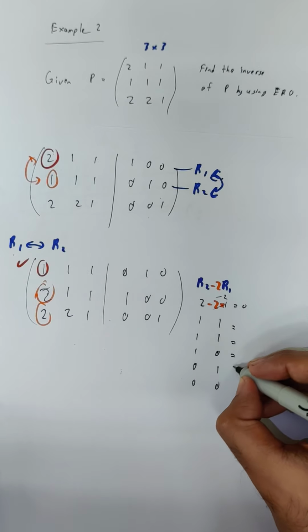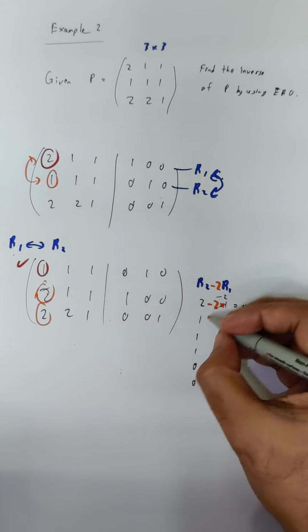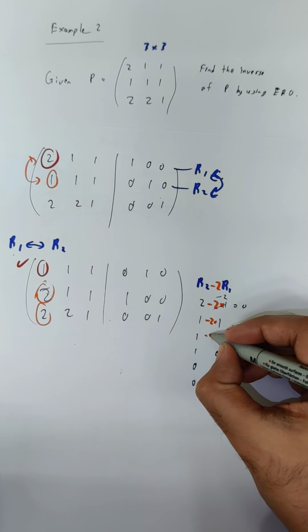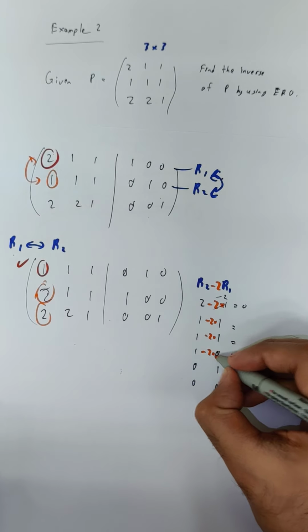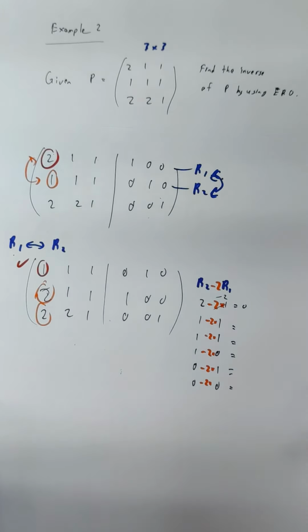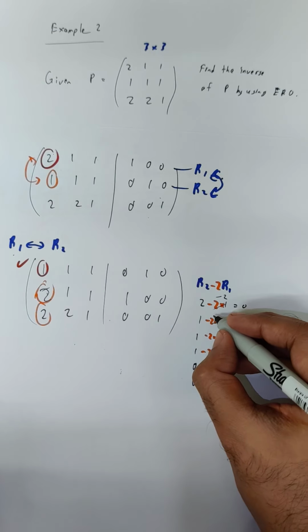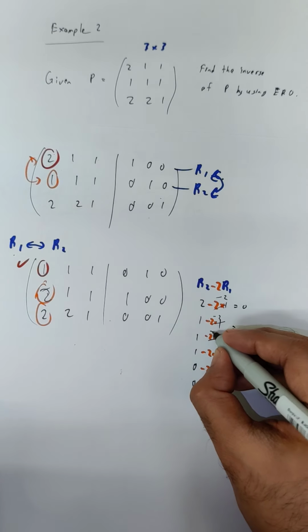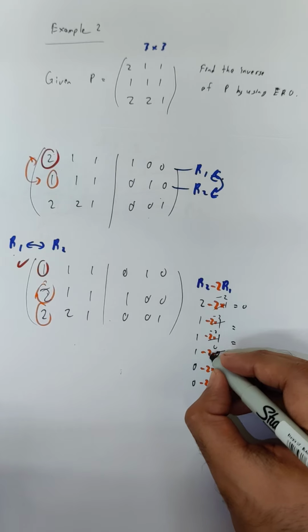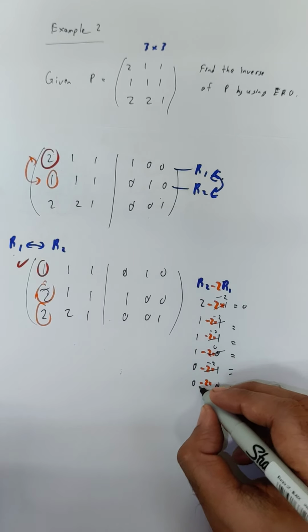We apply the same calculation for the rest of it, minus 2 times each. I would recommend you write this one down as well, and calculate over here as well. Minus 2, minus 2, 0. This one minus 2. This one remains as 0.